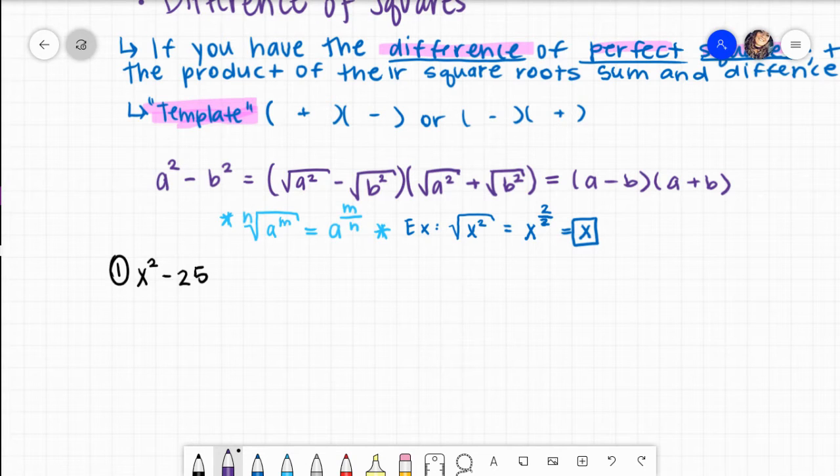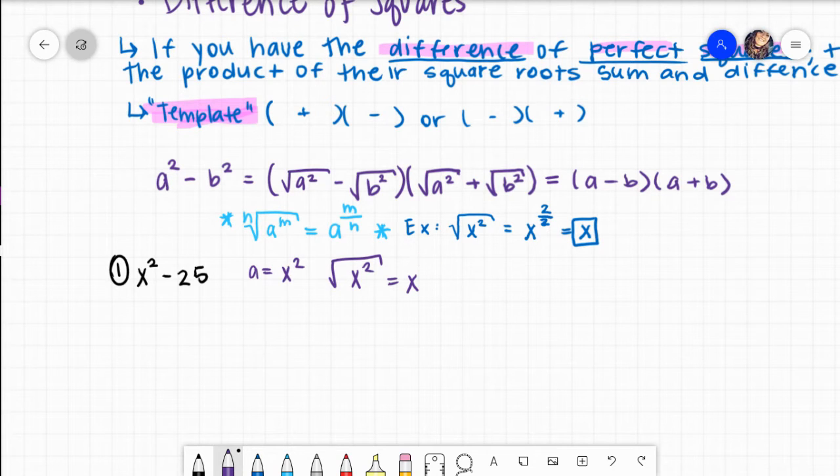So I'm going to identify, okay, what is my a? My a in this form is x squared, right? I know that in my formula, what I'm doing is I'm going to end up taking the square root of that, right? So I see that what I do is take the square root of x squared, right? Well, that rule that I just learned says that I could actually write this as x to the exponent over root, right?